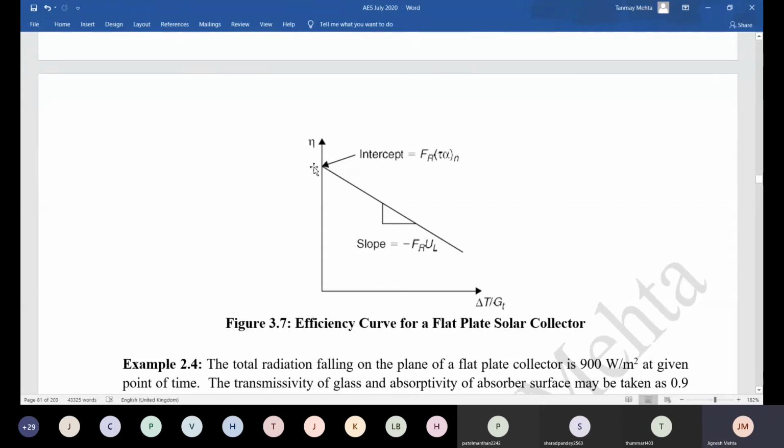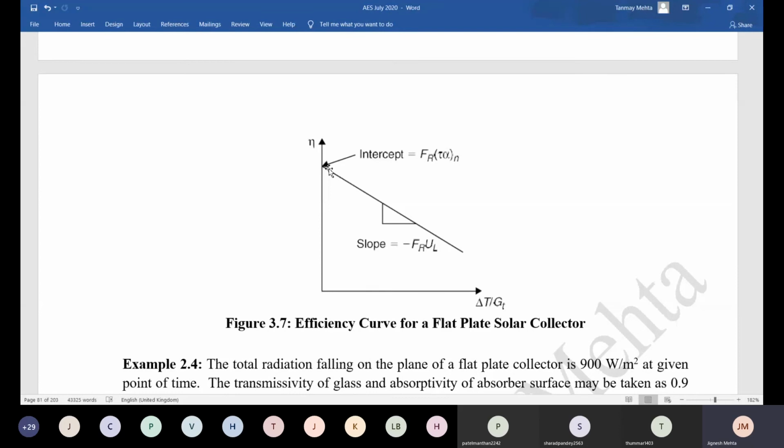So if you operate your collector at ambient conditions, right? Even then, the efficiency will not be 100%, meaning Ti is equal to Ta.